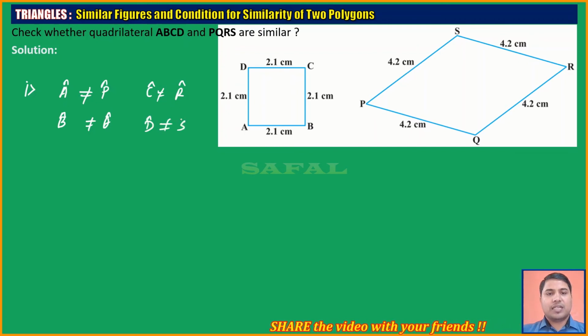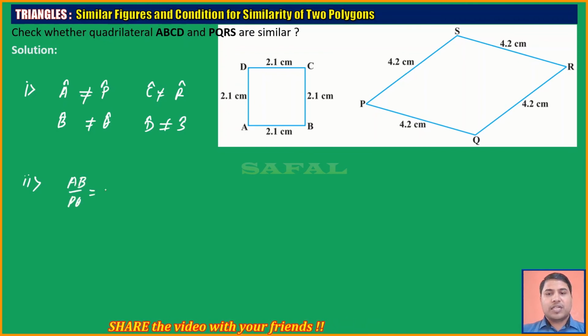If you see the second condition, whether the sides are in the same ratio or not, if you find AB by PQ, that is 2.1 by 4.2, so that is 1 by 2.